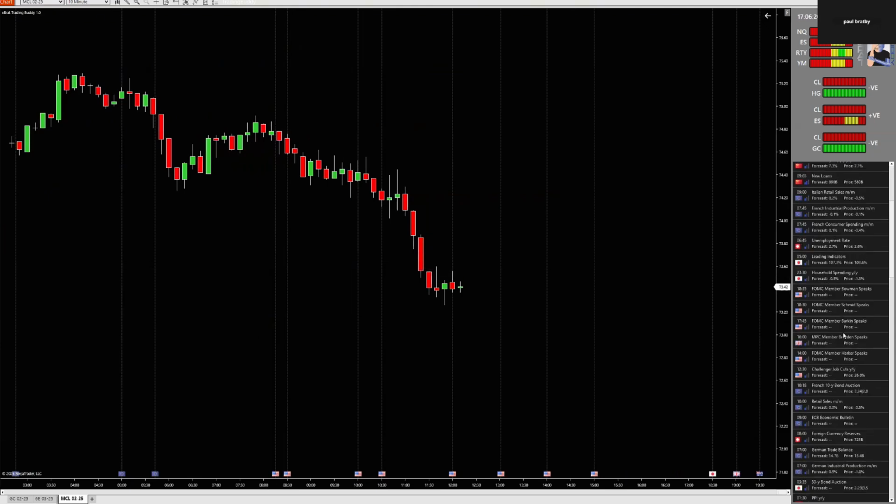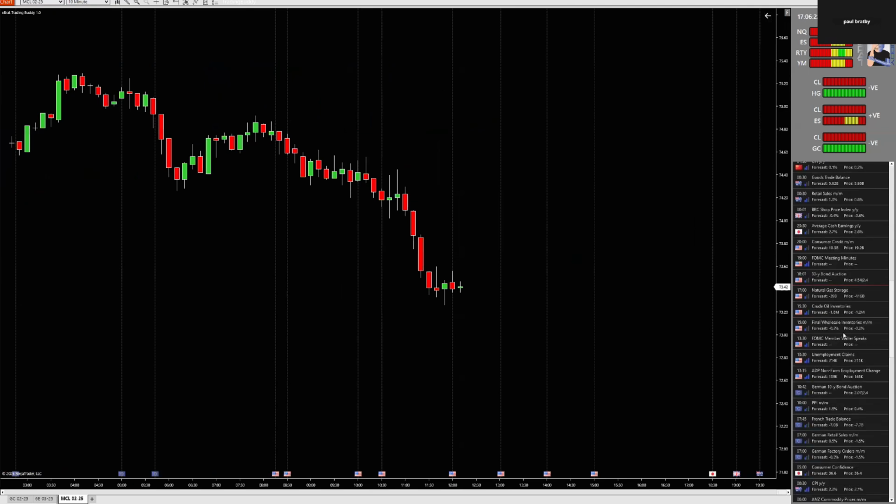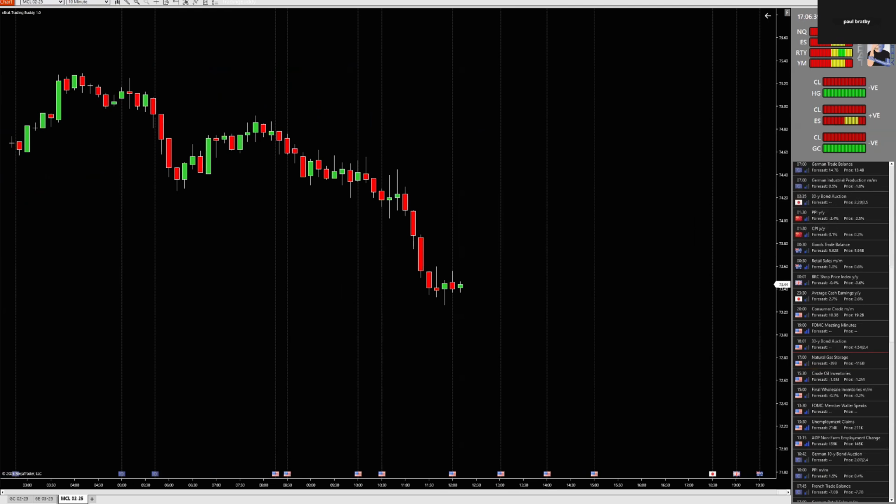If I just go back a little bit here where the red line is, a little bit further down, we had some pretty important data, and that has given us some things to look at, this US data here. We had the catalyst, we moved and we came down from there. We had more US data at 10 a.m. that continued that move down, that data coming out, and so on and so forth.